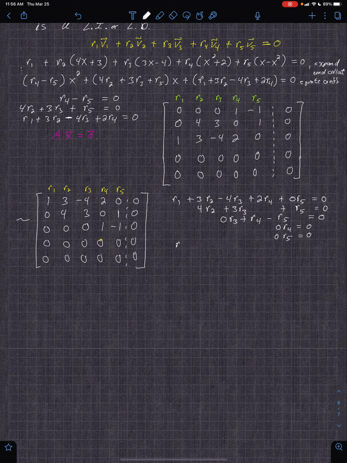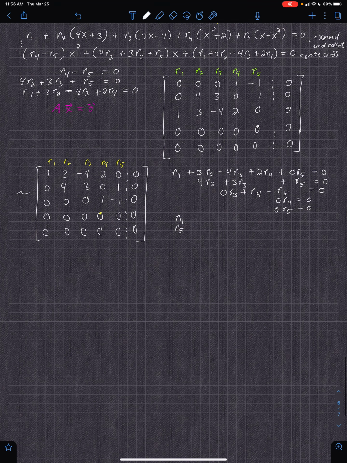So R4 and R5, and really because of this, we don't really need that R4 equals R5 because they can be anything for the solution. So R4 and R3, all of these are arbitrary, can be whatever.